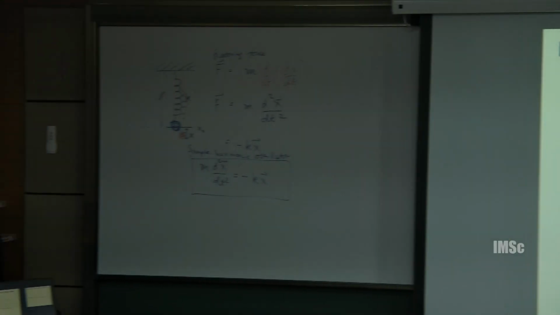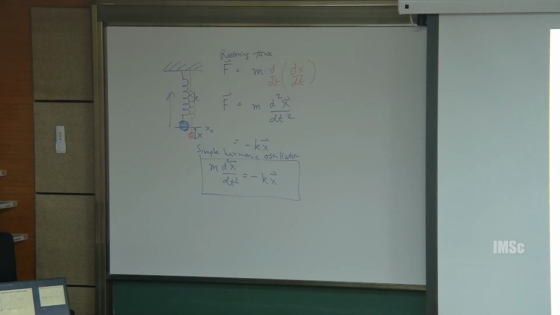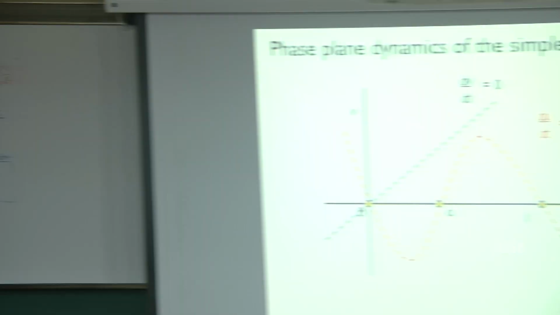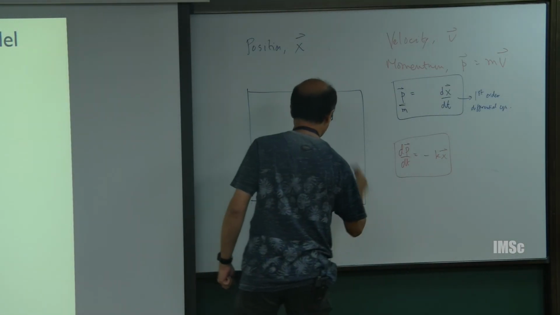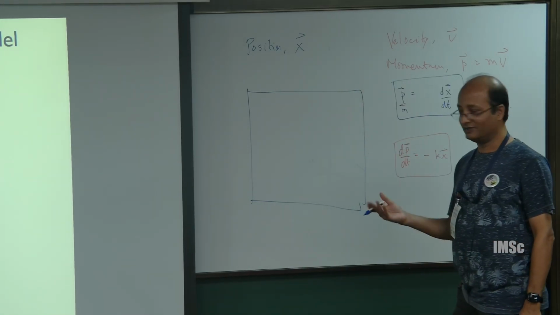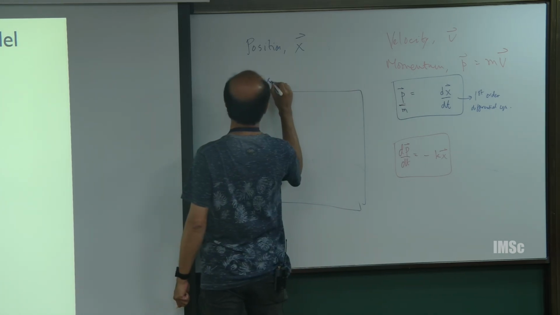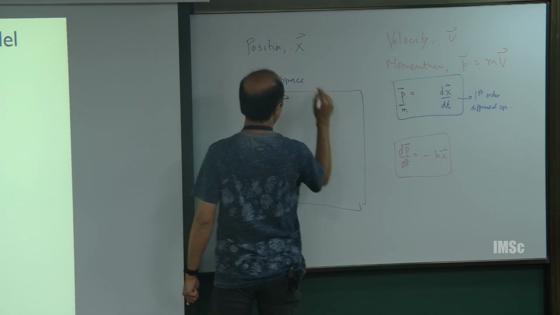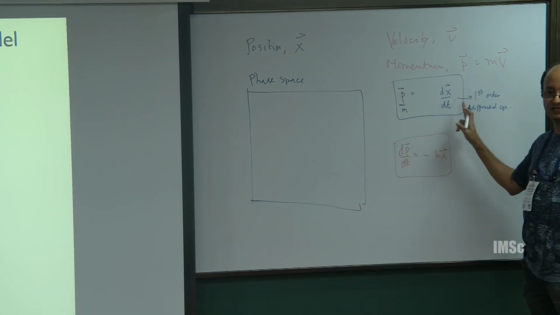What's the advantage of doing this? Now I can show the motion of the simple harmonic oscillator in the phase space, whose axes are basically the variables whose first order differential equations I am looking at.